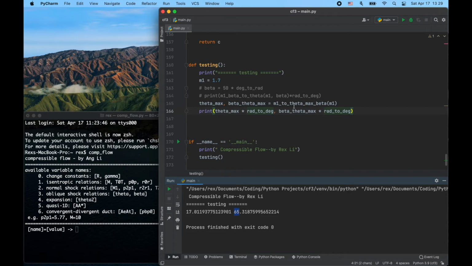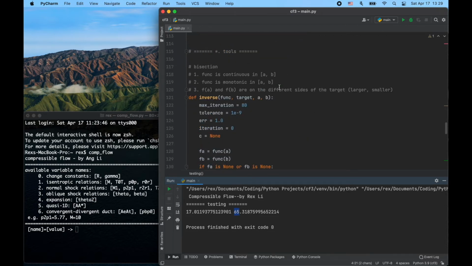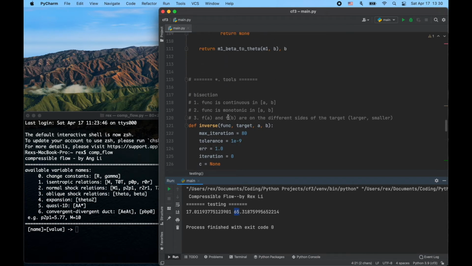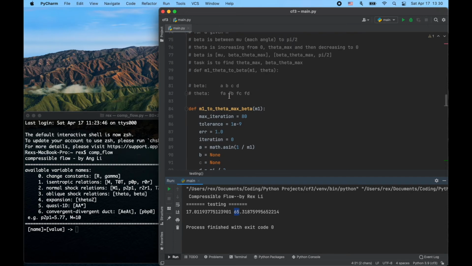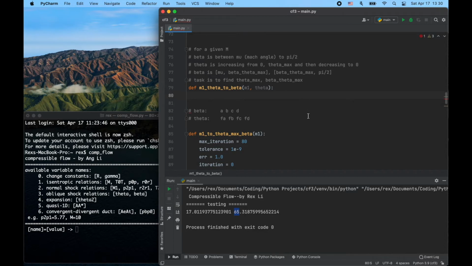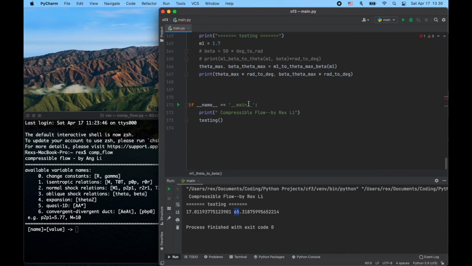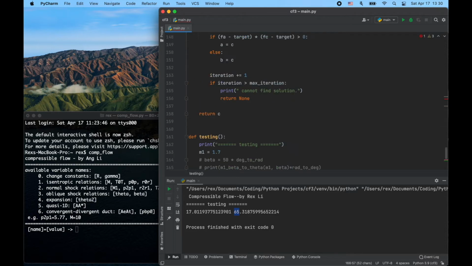So once we find theta max and the corresponding beta value, we can then use the inverse function or bisection method to find beta from Mach number and theta. So first thing is find these two values.